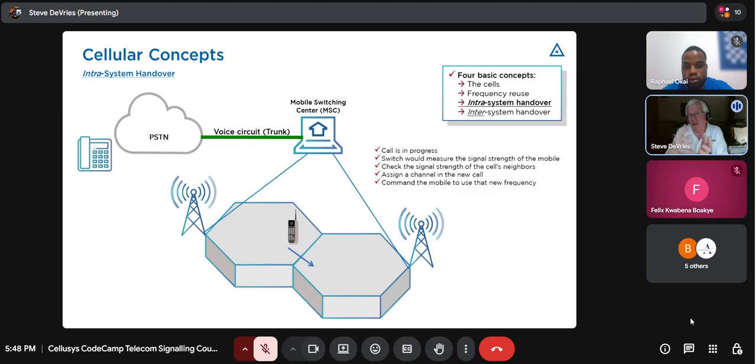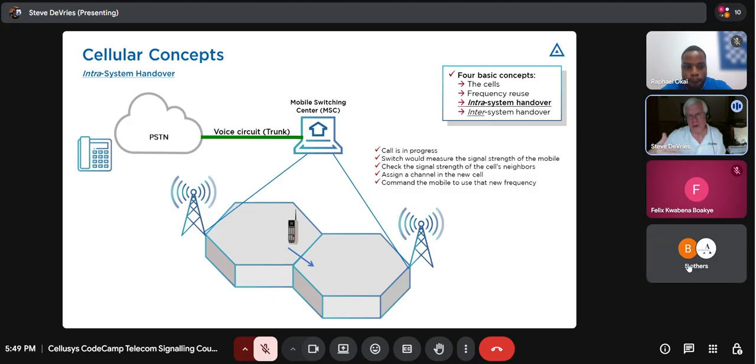In the earlier systems, it was more the network, the switch, that was actually telling the cell tower, hey, take a measurement of this subscriber right here. So if you were engaged in a call, and let's say this person out here, this is a term, PSTN, public switched telephone network. It just means the wireline network. It's a common telecom term for wireline.